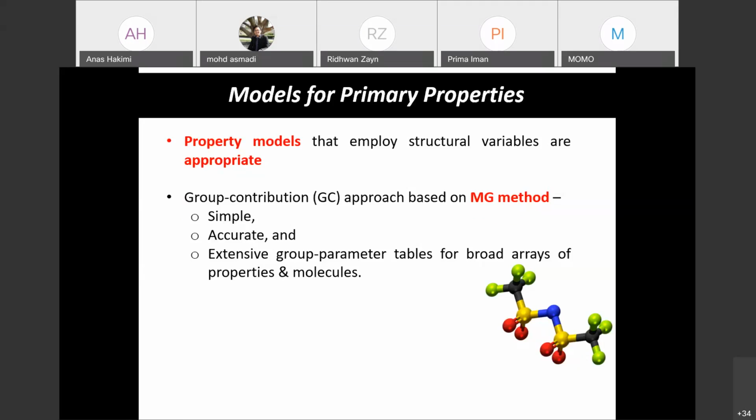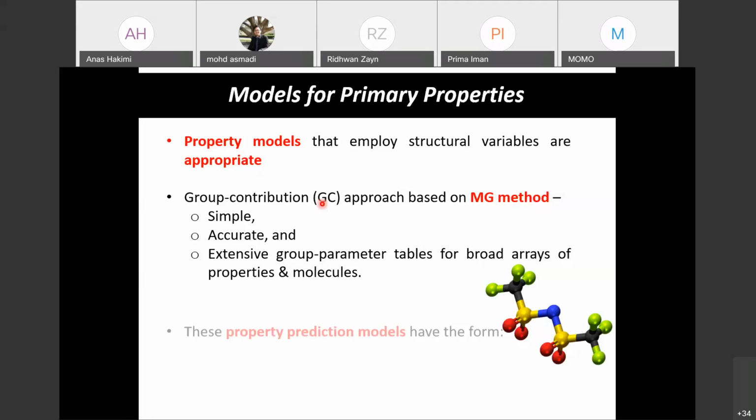You have to submit it, because all the information is available in the three papers. The group contribution approach based on Marrero-Gani is simple, accurate, and has extensive group parameter tables for broad arrays of properties as well as molecules.